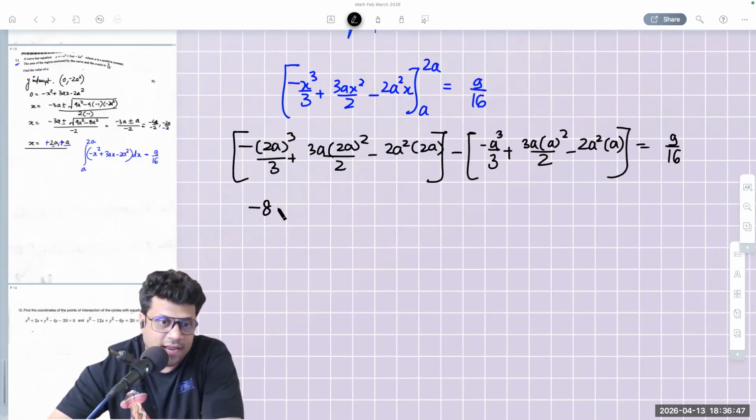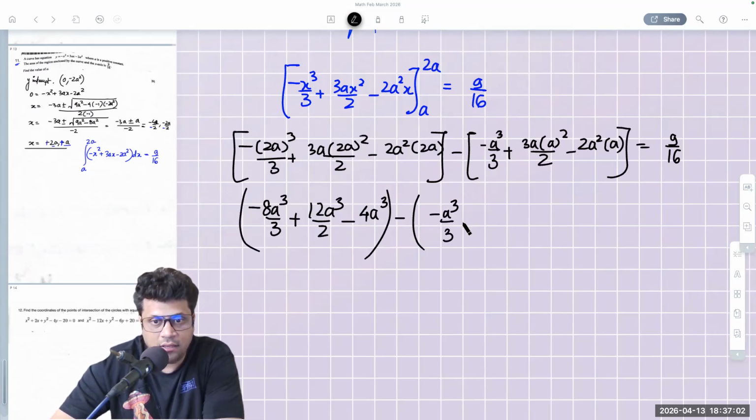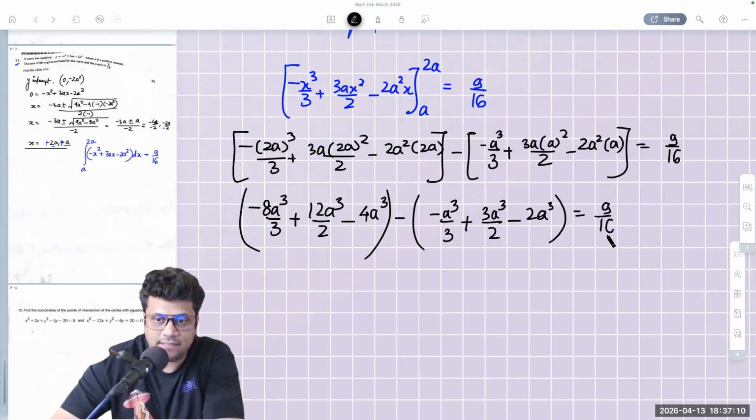Okay, so that's negative 8a³/3 plus 12a³/2 minus 4a³, minus a³/3 plus 3a³/2 minus 2a³, and that's 9/16.